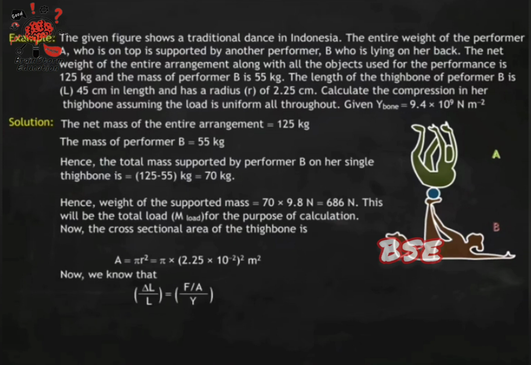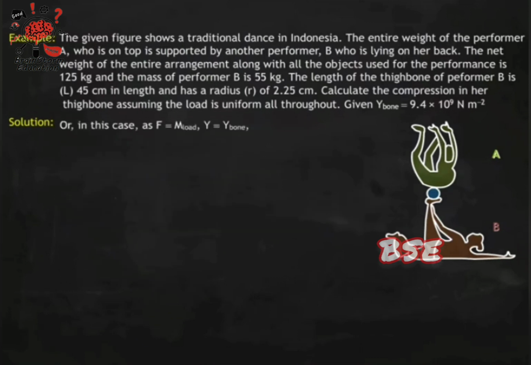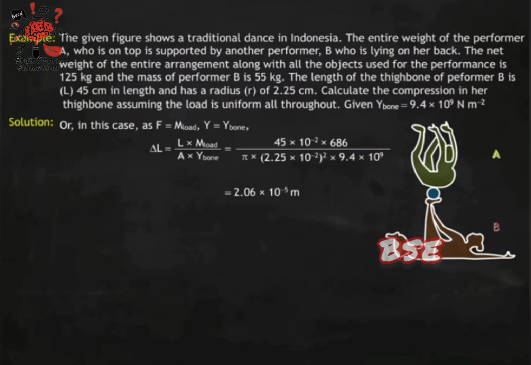Now, we know that delta L by L equals F by A by Y. Or in this case, as F equals M load, Y equals Y bone, delta L equals L into M load by A into Y bone, which equals 45 into 10 raised to minus 2 into 686 by pi into (2.25 into 10 raised to minus 2) whole square into 9.4 into 10 raised to 9 equals 2.06 into 10 raised to minus 5 meters.